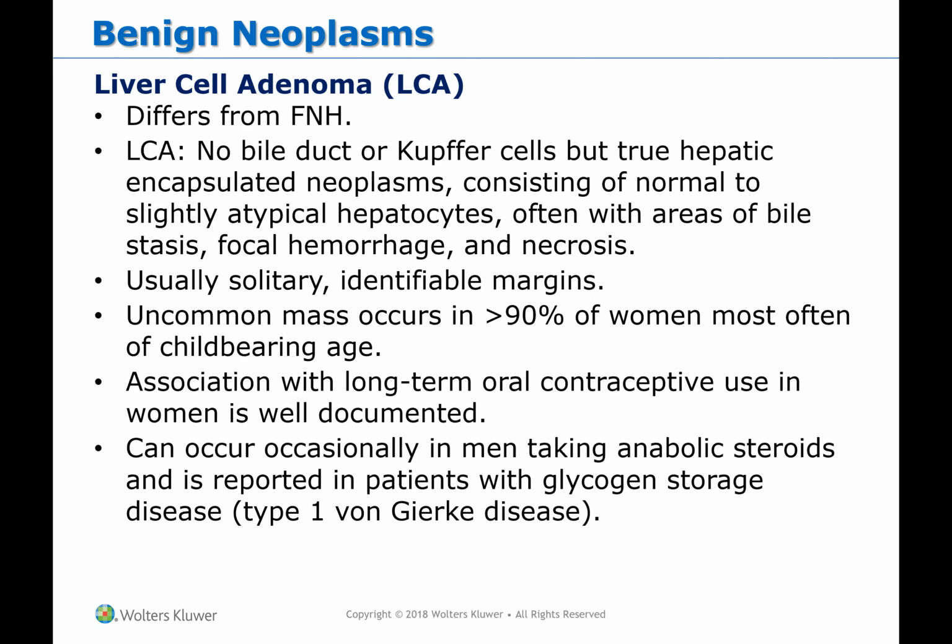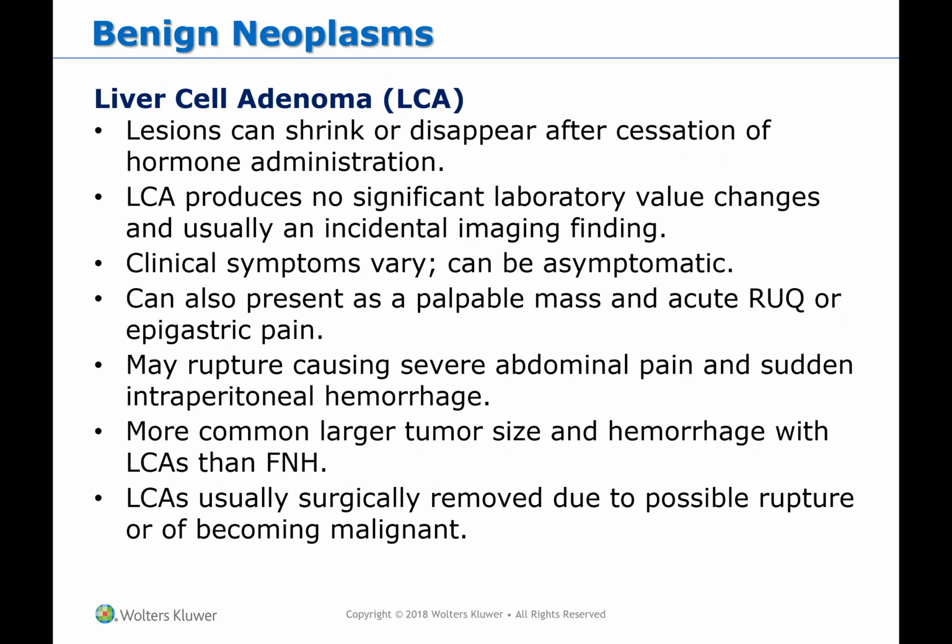It's more common in people that take long-term OCPs. Lesions can shrink or disappear after cessation of hormone administration. So if you stop taking your oral contraceptives, there's a possibility that they could just shrink. They could be asymptomatic or they could cause epigastric pain.